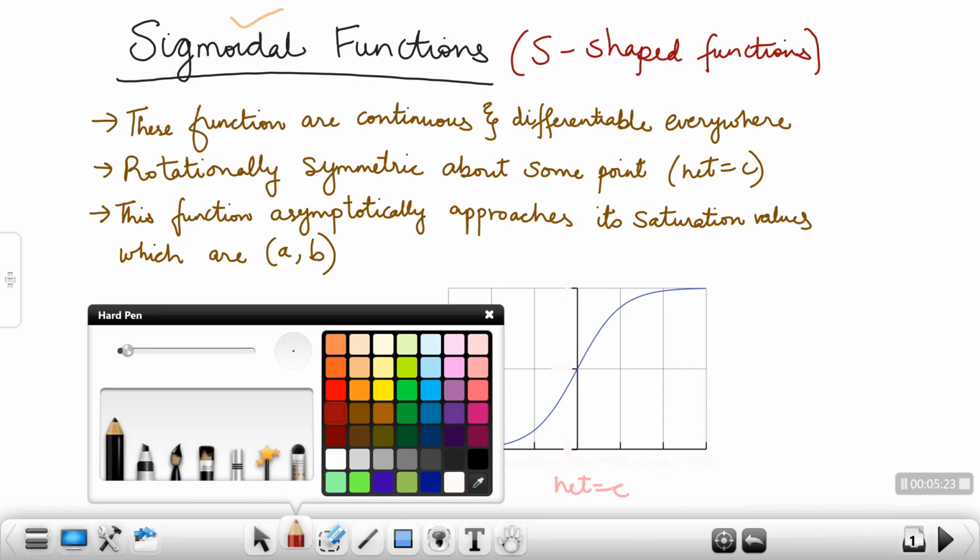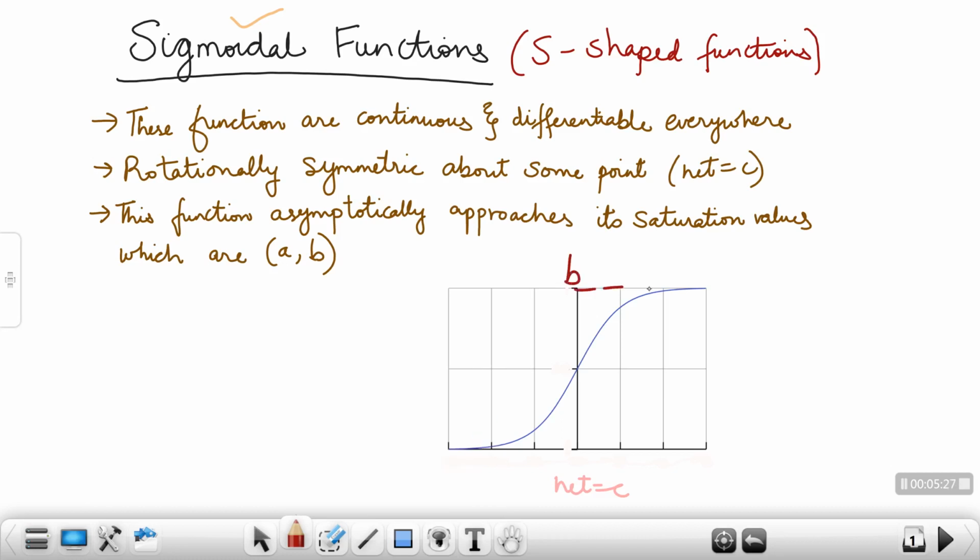This is point B, and this is point A. On this side you have net, and on this side you have f of net.